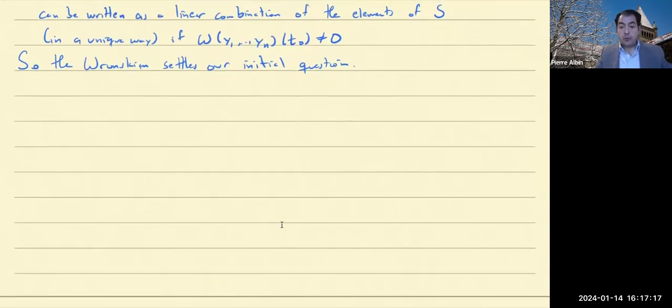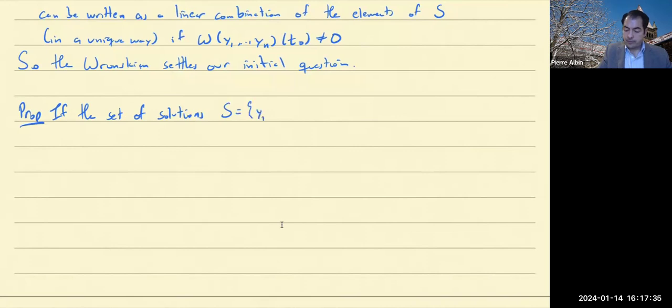There are a couple of important properties of the Wronskians that we should note. So first, let's call it a proposition. If the set of solutions is linearly dependent, then its Wronskian is identically 0.